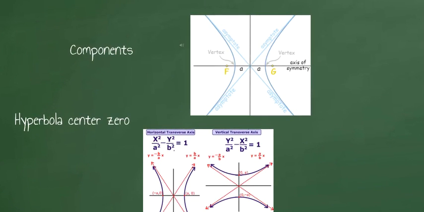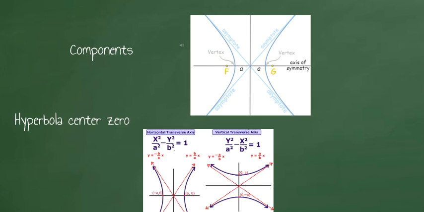Parts of a hyperbola in the Cartesian plane. In the hyperbola, you can see an axis of symmetry and two vertices. The distance between the vertices is the constant difference between the lengths PF and PG.